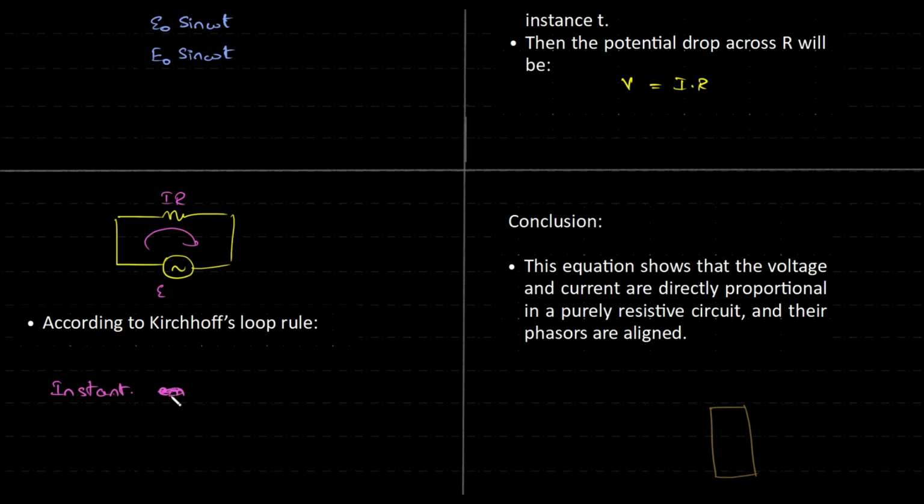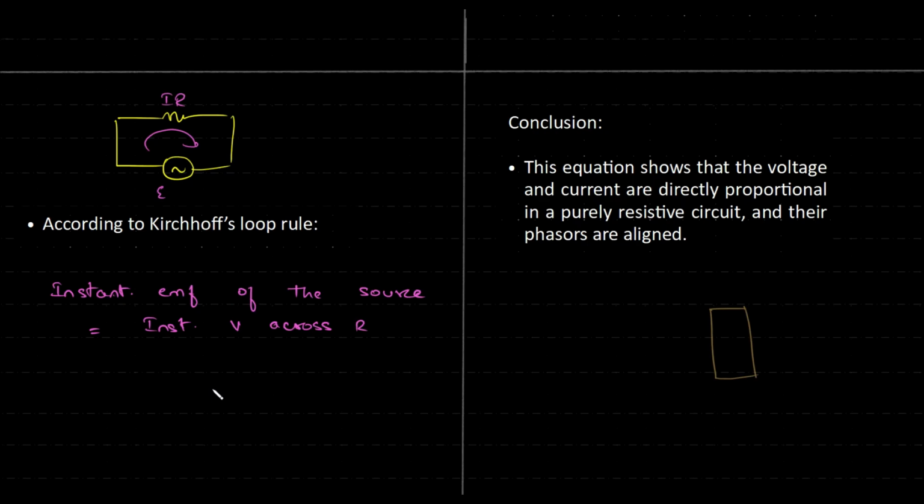EMF of the source is equal to the instantaneous potential difference across R. That's what our Kirchhoff's loop rule helps us to find out.